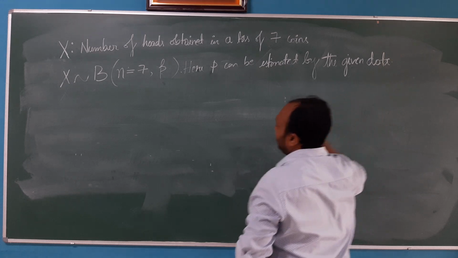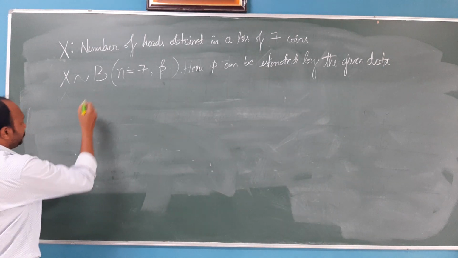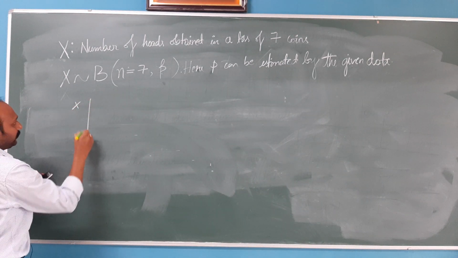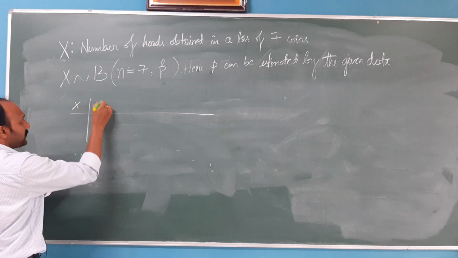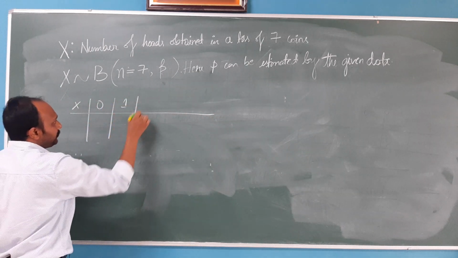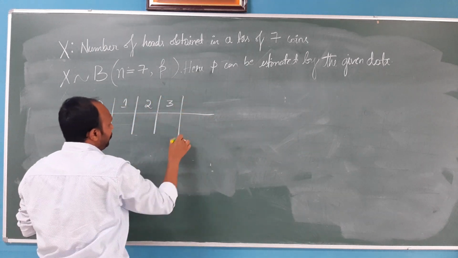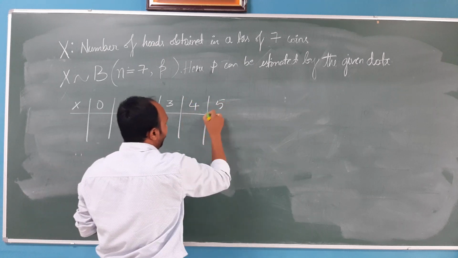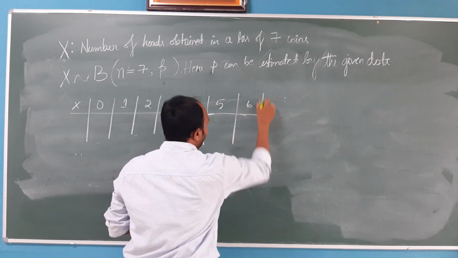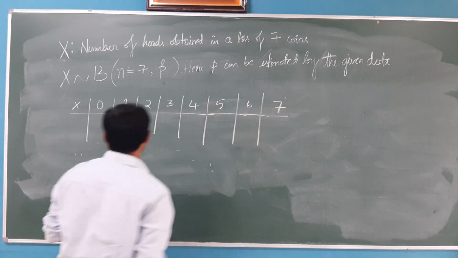So we have been given the data. What is the data that is given? So we know the x values. What are the x values? 0, 1, 2, 3, 4, 5, 6 followed by 7. These are the x values.